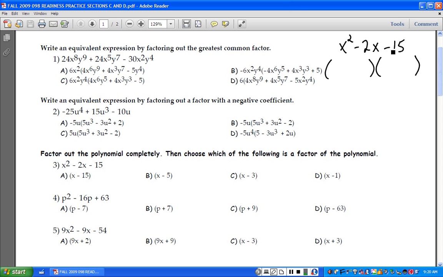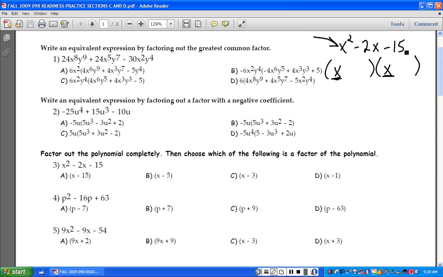So by using the reverse FOIL method, I know whatever is in the first position here and whatever is in the first position here, when they're multiplied, will give me x squared. So to get x squared, I know I have to say an x times an x. So x times x would give me x squared. So that takes care of that.